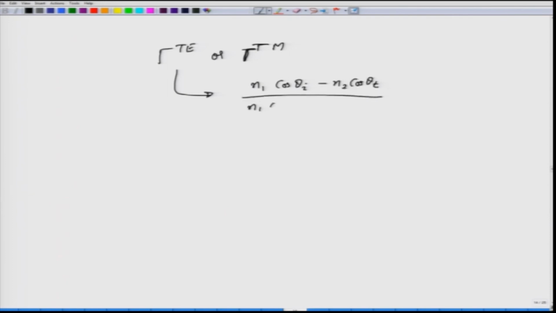There is one additional story that I would like to talk about in total internal reflection. Well, if we go back to the expressions for say gamma TE or gamma TM, let us go to the expression for gamma TE, which is given by N1 cos theta I minus N2 cos theta t divided by N1 cos theta I plus N2 cos theta t.